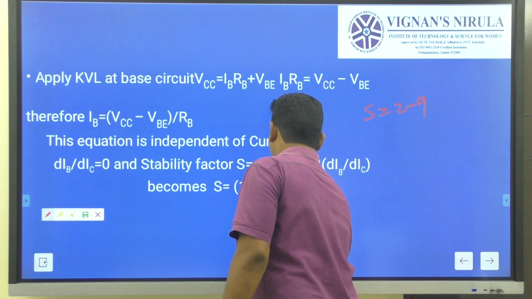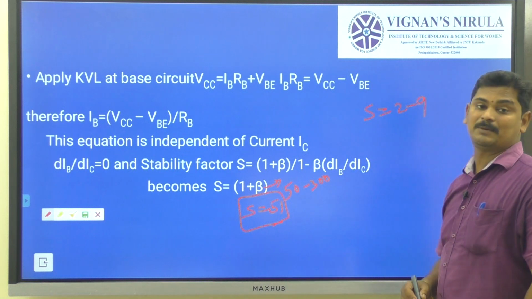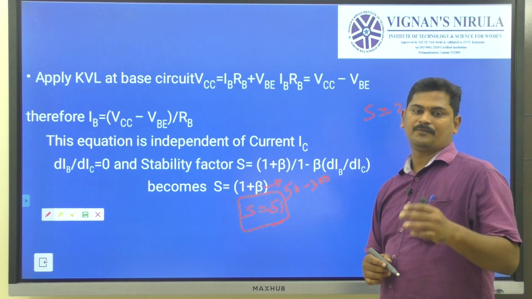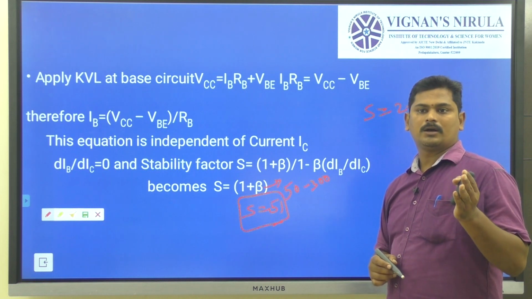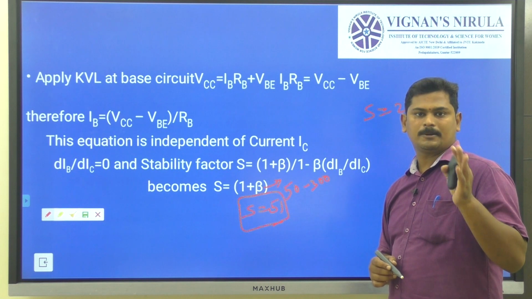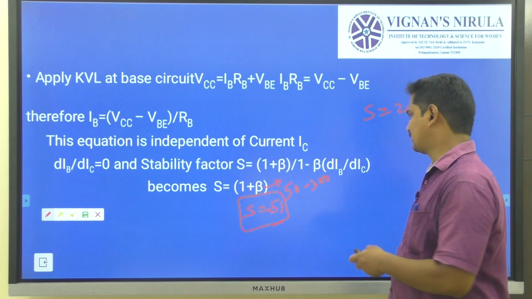Due to this huge value of the stability factor, the thermal stability will decrease, and automatically the Q point will vary. So in fixed bias the transistor may not work as an amplifier for a constant period of time.